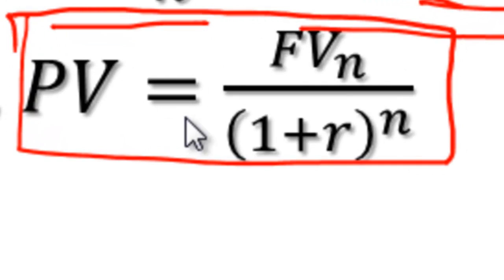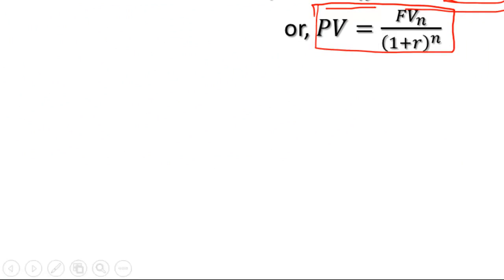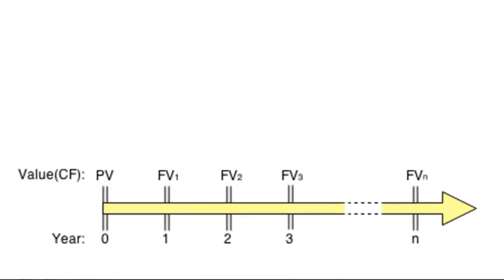So this can be the expression for finding the present value. We do not need to go for any detailed illustration like before. Let us try to visualize this formula using the cash flow timeline. In this case, we do not know PV, but we know the future value after N years.